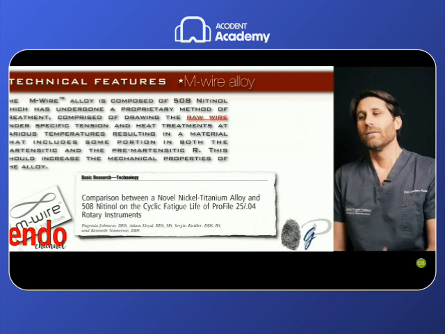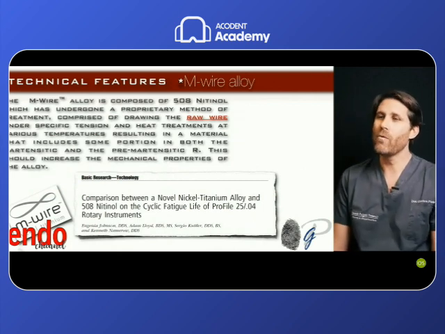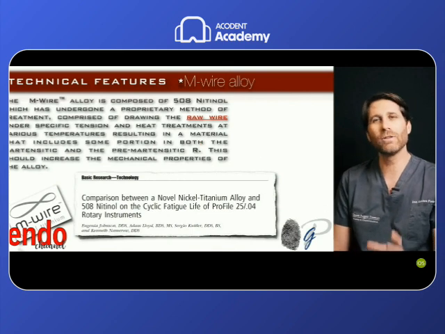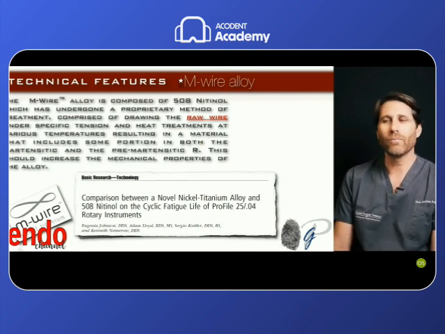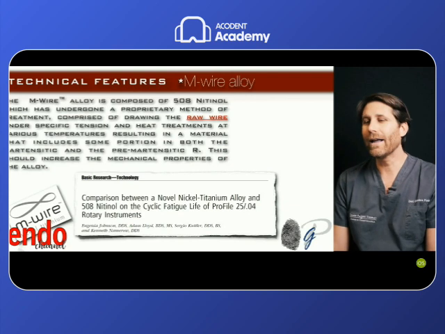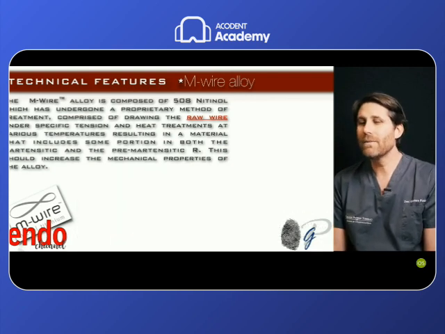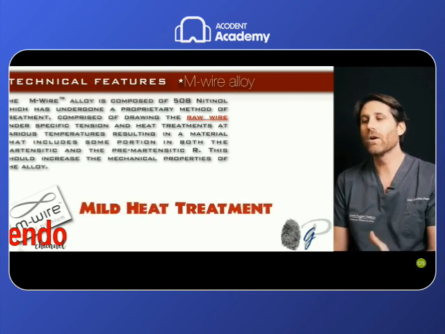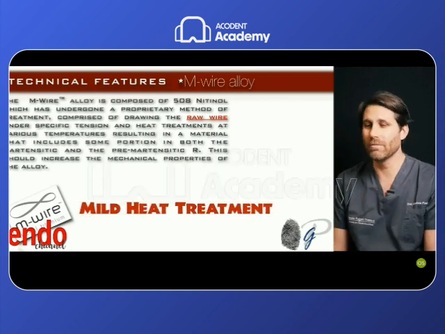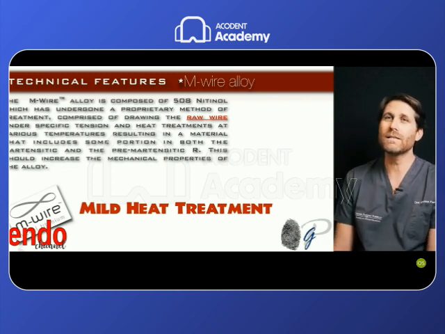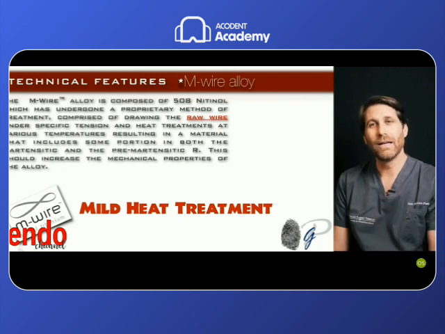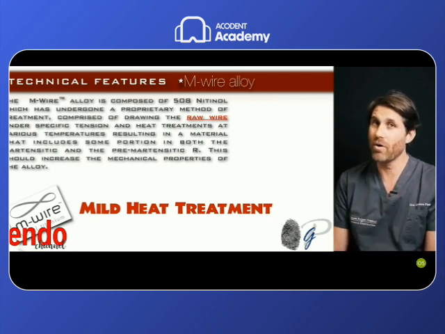Then this is made of an M-wire alloy. M-wire is a heat treatment made on the raw wire, so it is not made on the already milled file. It has been demonstrated to increase the mechanical properties with respect to the standard nickel titanium alloy, but we call it a mild heat treatment because it does not change so much the macroscopic properties of the file.